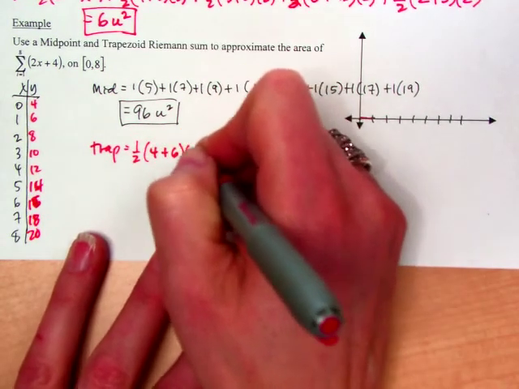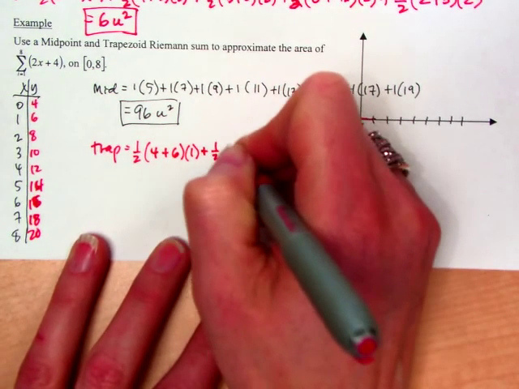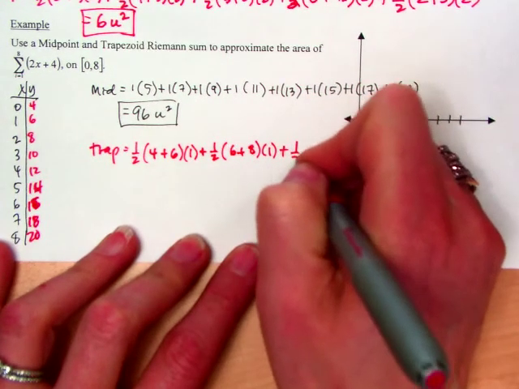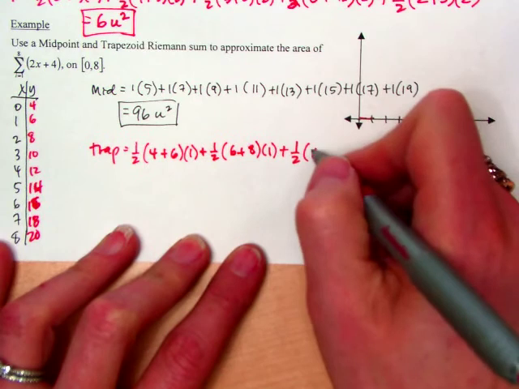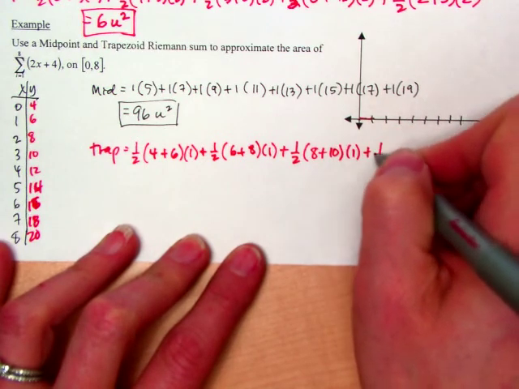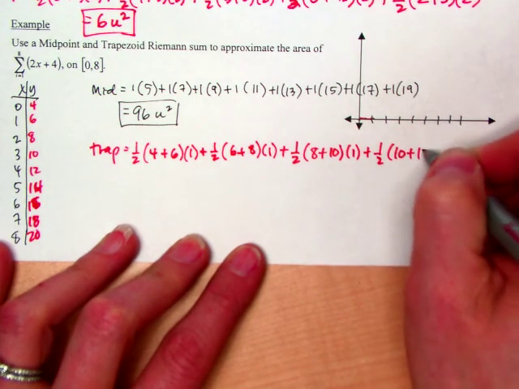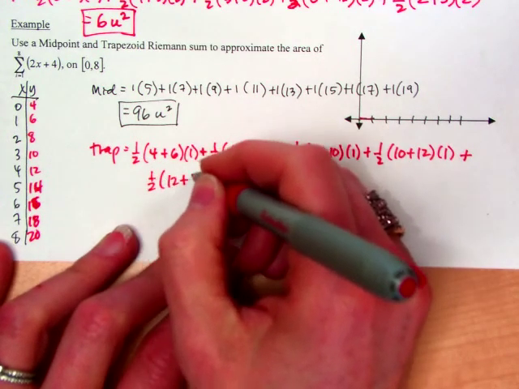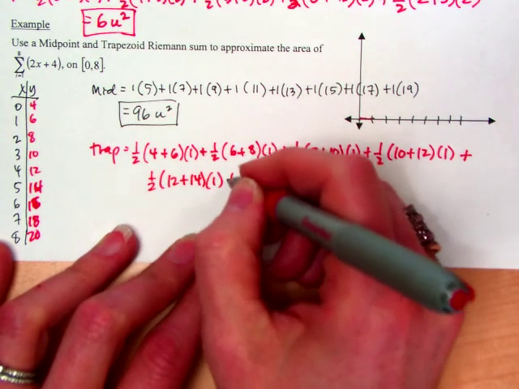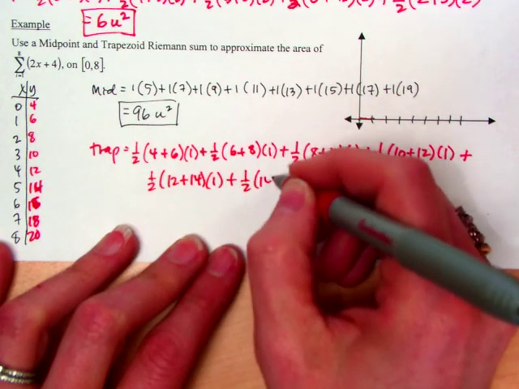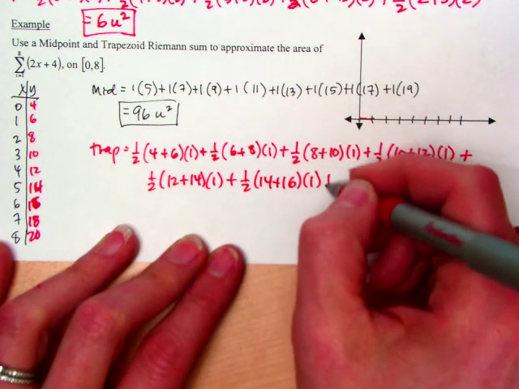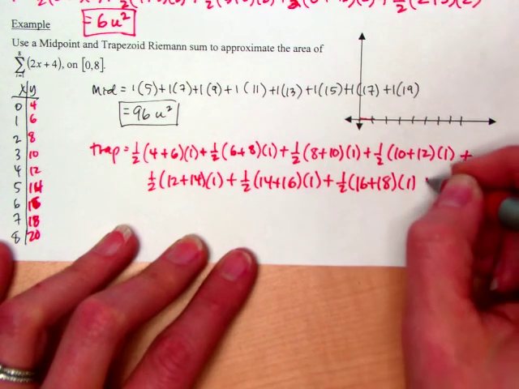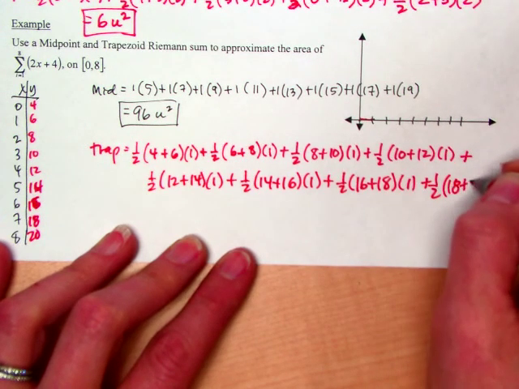And I have a width of 1. For the next one, I'm going to need 1 and 2 with a width of 1. This is a lot of writing out here. Next, I'm going to need 2 and 3 with a width of 1. I'm going to need 3 and 4. I'm going to need 4 and 5. 5 and 6. 6 and 7, and 1 more. And then we're going to have to type all that in to find our area.